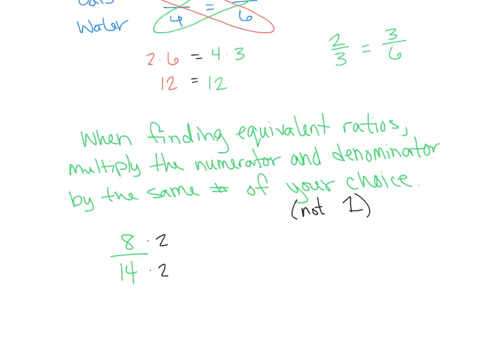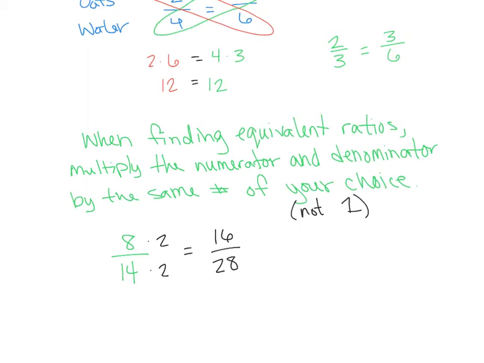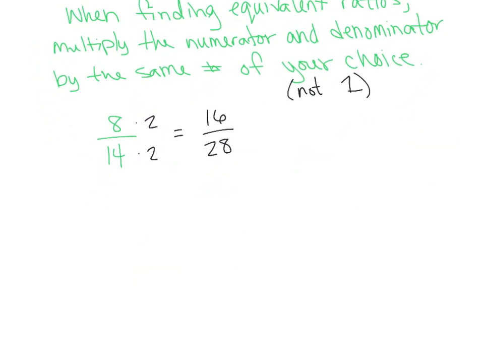It just can't be 1 because that'll leave it the same. And that equals 16/28. And it works. So the way you would write your answer is that 8/14 equals 16/28.